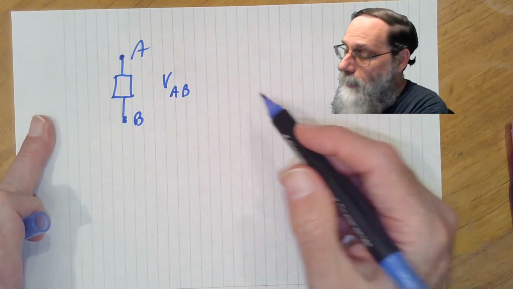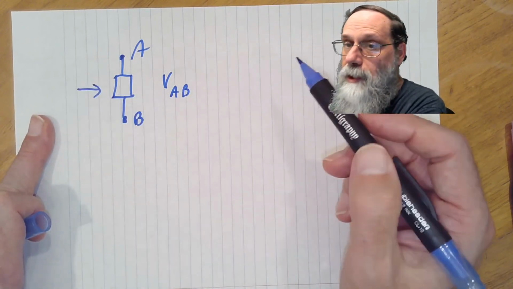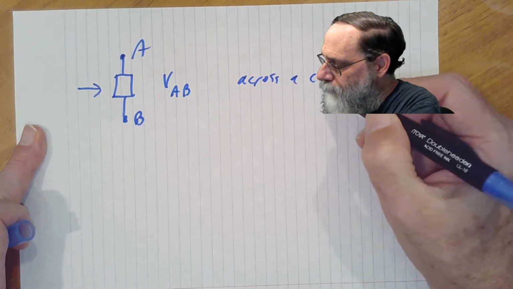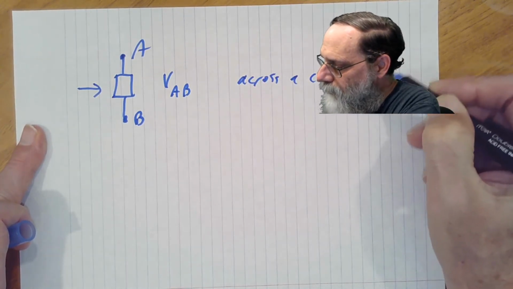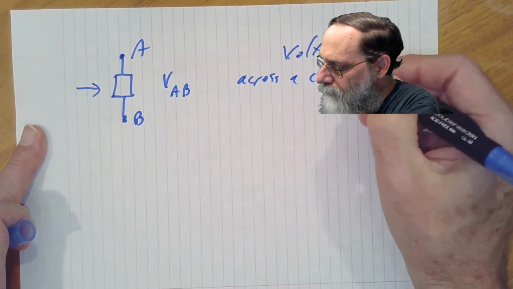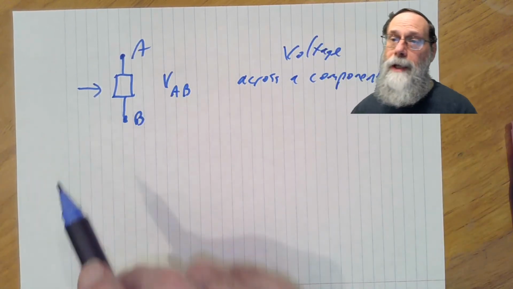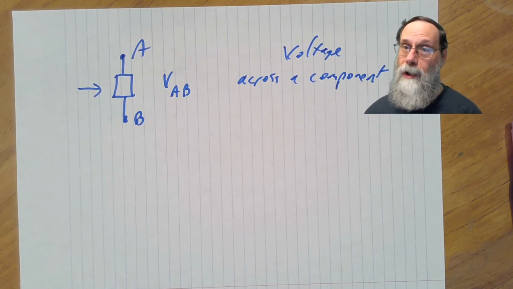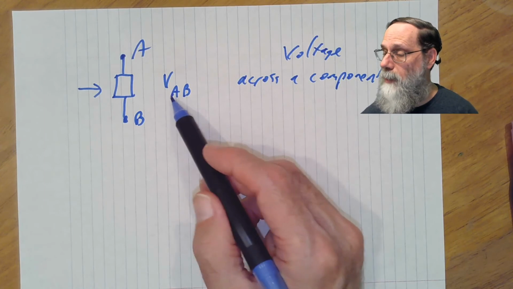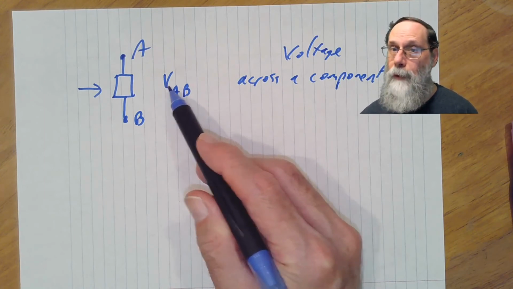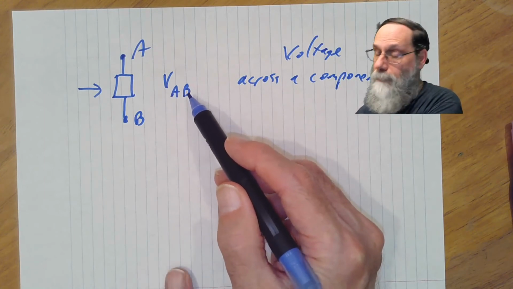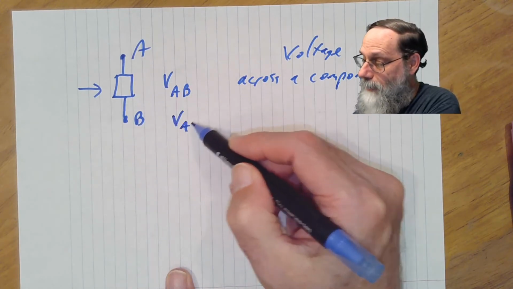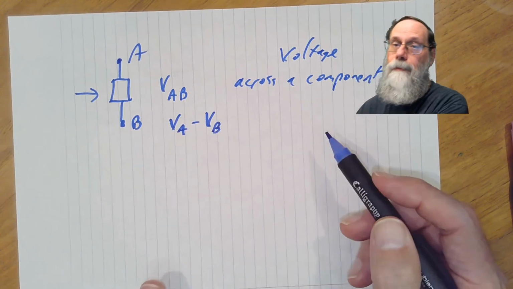We'll sometimes talk about that as being the voltage across this component, and it's always across a component for voltage. And that's the difference between the two ends, and you do have to worry a little bit about which end is which when you're talking about across the component. So we'll nearly always be using a notation like this one where we have voltage AB for voltage A minus voltage B. Or sometimes we'll actually write it out explicitly as VA minus VB.